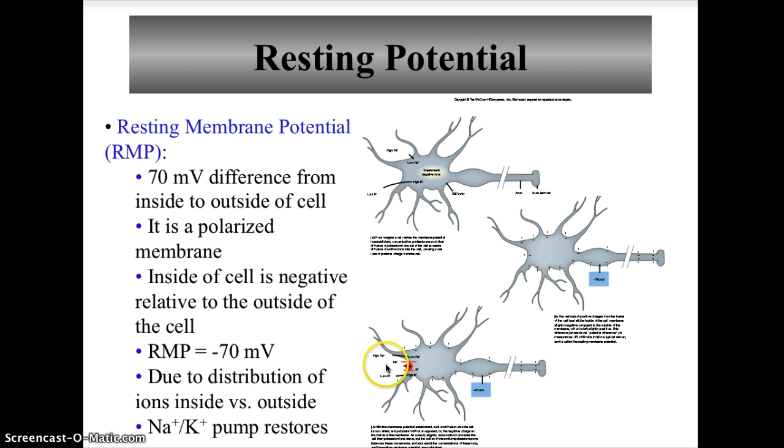Now down here in the third cell, which you see here in the diagram, what you see is the sodium-potassium pump at work here. So you can see sodium ions are going to leave the cell where they're in low concentration, and potassium ions are now going to come into the cell where they're highly concentrated, and then you still have that negative 70 millivolts in the axon region.